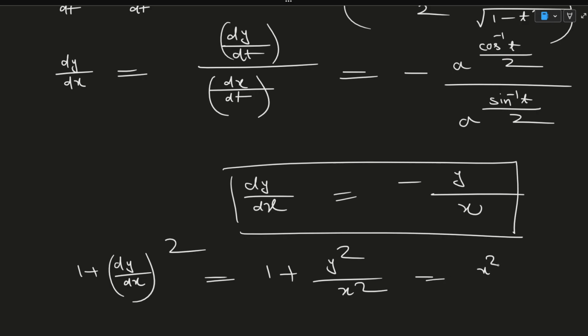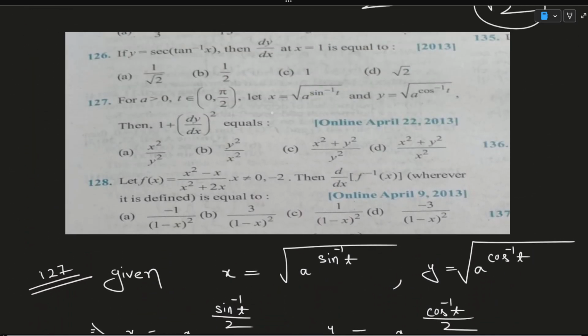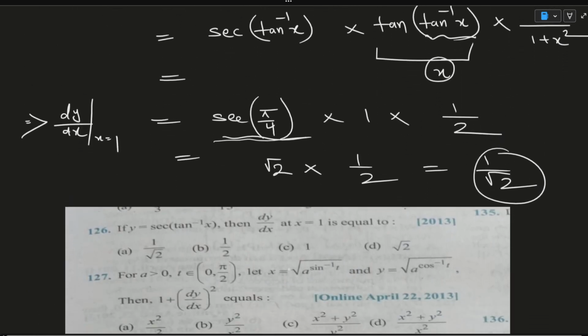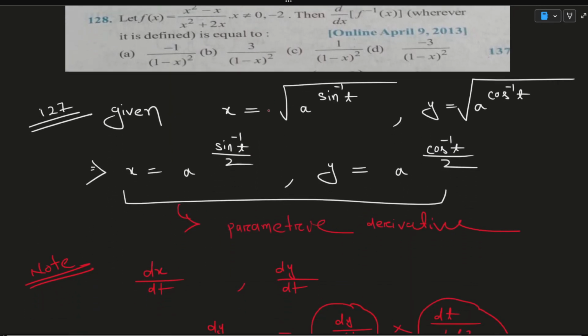Now it will be (x square plus y square) by x square. Now we'll check our option. So clearly we can see that option D is correct. Okay, option D is correct.